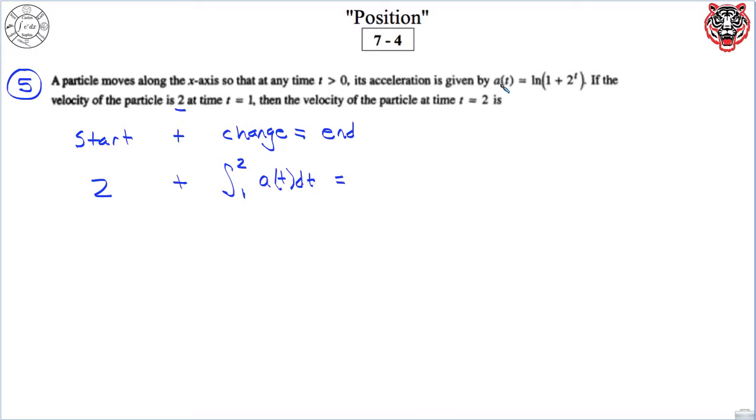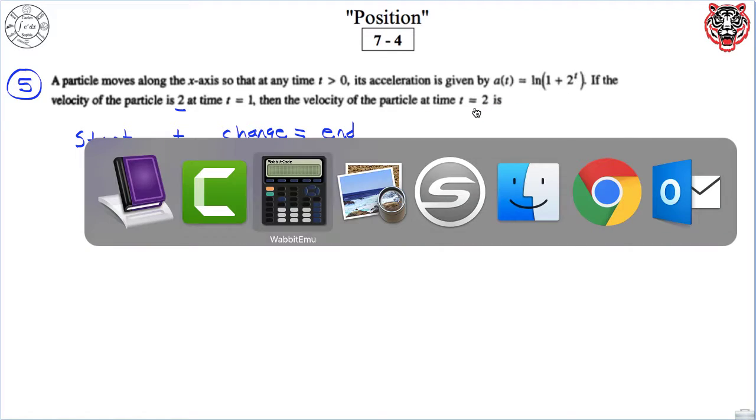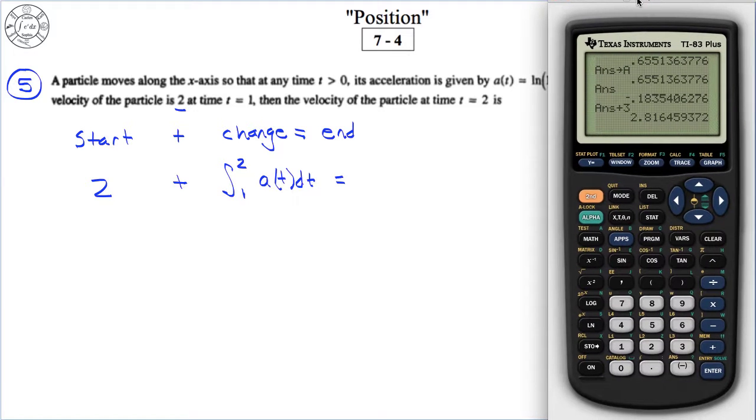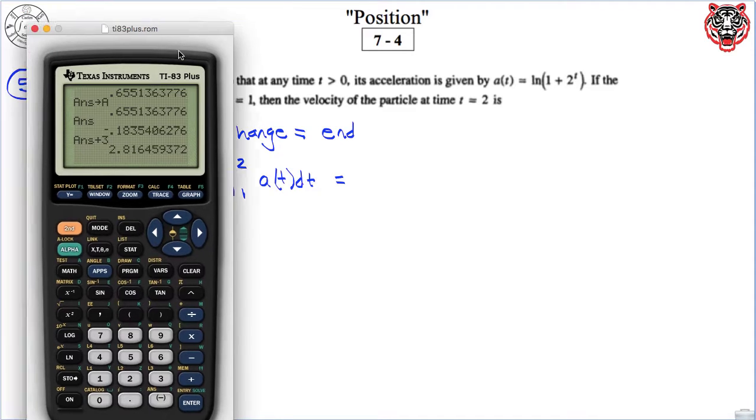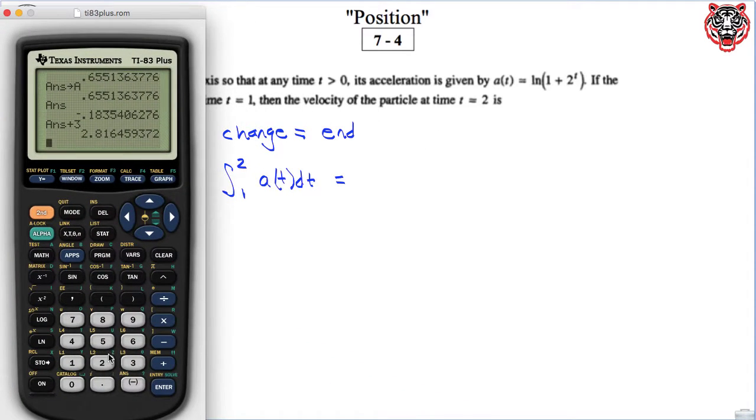So we just need to plug this into the calculator. The fastest way to do that, I'm going to go the fastest way. I'm not going to do the y equals button. So what number are we adding to it again? 2. So it's going to be 2 plus math 9, the integral of that function, and here's the function. It's going to be natural log of 1 plus 2 to the power of x.